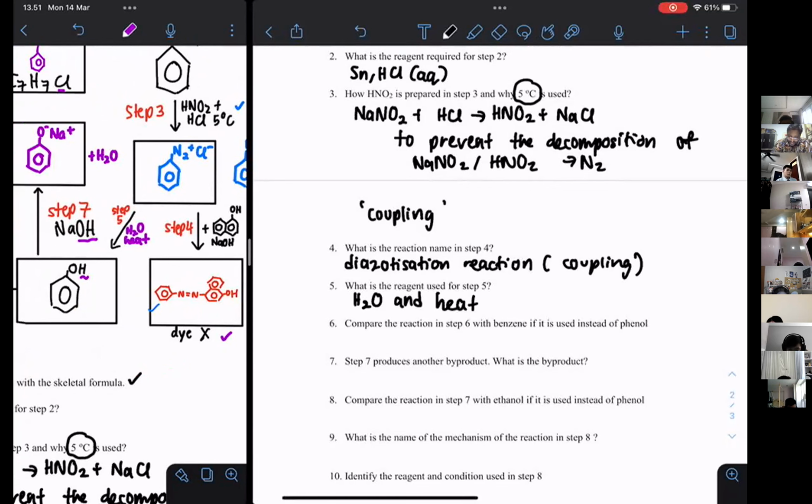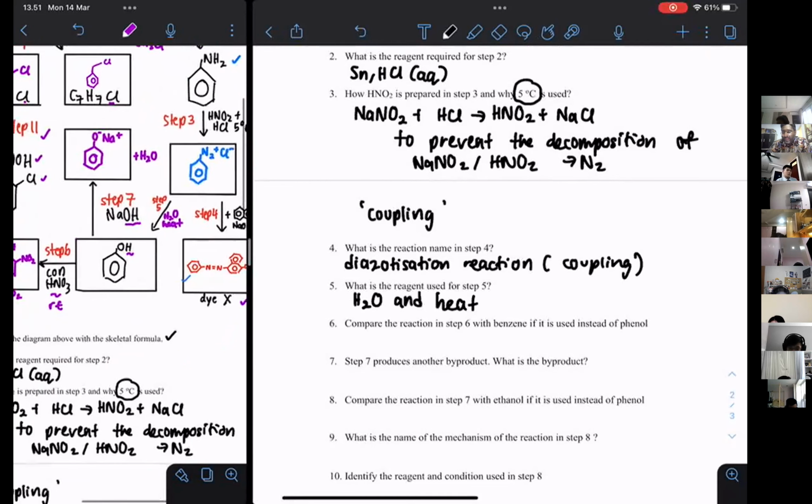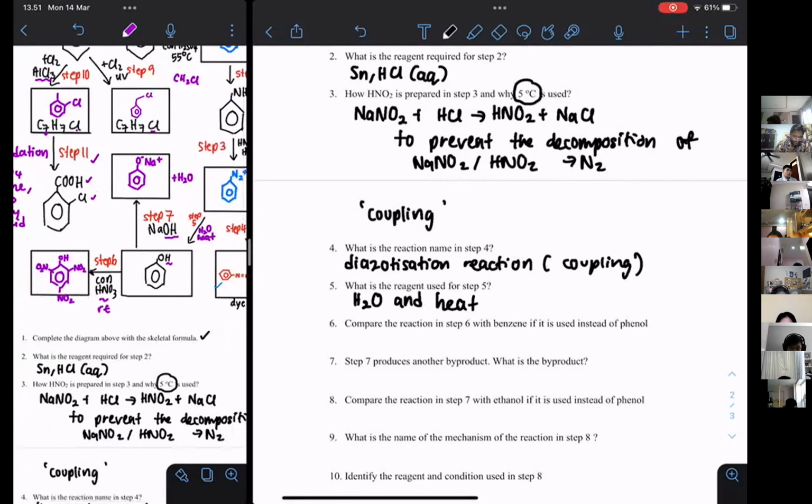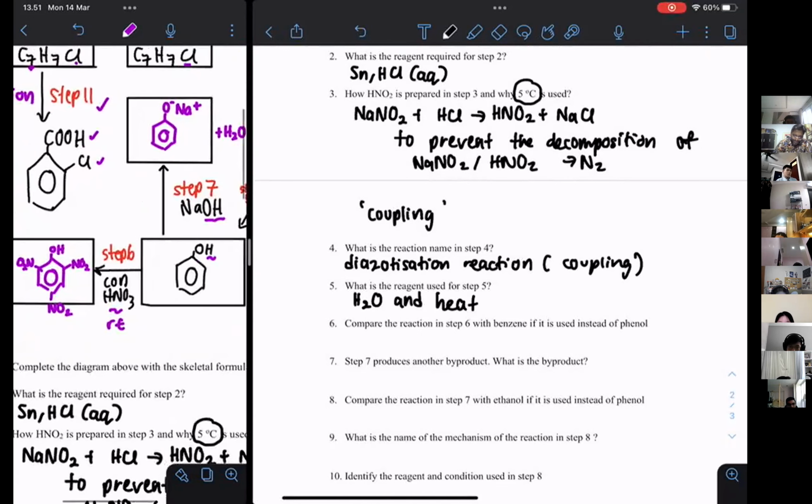Compare the reaction in step 6 if benzene is used instead of phenol. So let's actually ask this, Catherine, if you use benzene instead of phenol, what will happen? This reaction, step number 6.